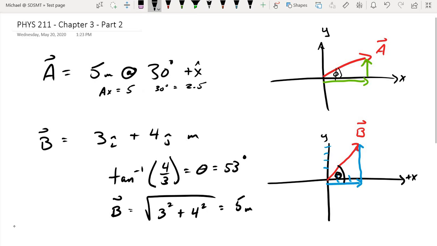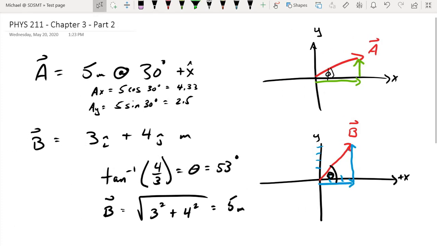That is the side adjacent, so that should be cosine. Alright, so that should be about, what is it, 4.33. We'll double check that on my calculator. Yep. And then the y component, that will use the sine of the angle, and that would be 2.5.